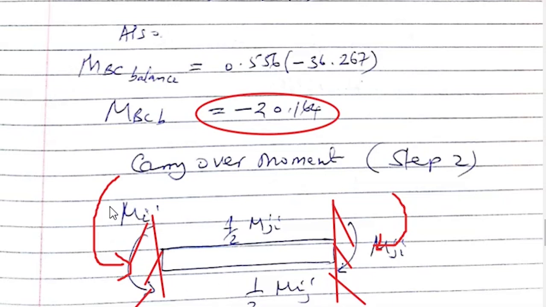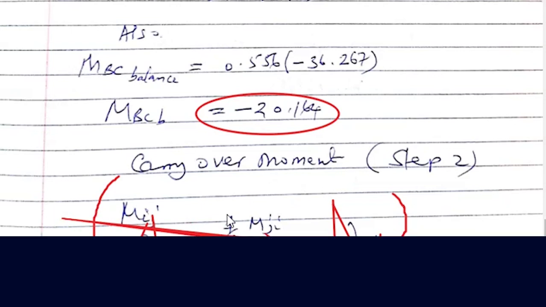In order for the moment from the left to be carried to the right, it should be half of the moment from this side. In the same way, to carry the moment from right to left, it should be half of the moment from the right one.